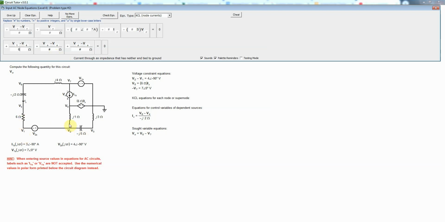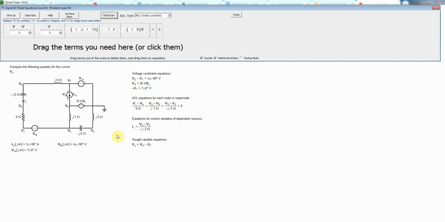And then the current going up through the inductor would be V2 minus V5, high to low, divided by j1, the inductive impedance. And then this current would be V2 minus V3, again high to low, divided by the capacitive impedance of negative j5 ohms. Check that, and that is correct. And that takes care of V1 and V2.